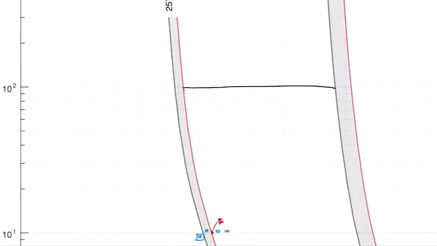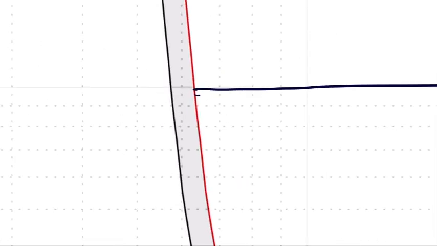So we're counting by tens. 90, 80, 70, 60. So you can see we're about 25% of the way there. So we're going to call that 62 amps.